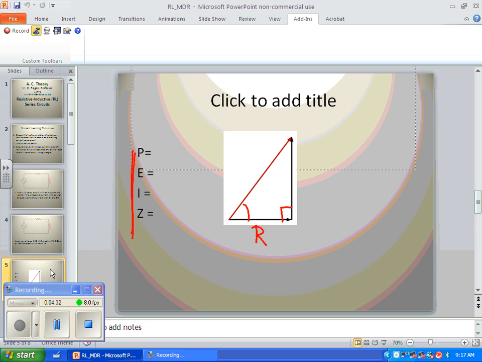That is the side adjacent of a triangle. And the side opposite the angle is the X sub L, inductive reactance. And we had 40 ohms of that, didn't we? Isn't that correct? Okay. So now what we need to find is the Z, the impedance.